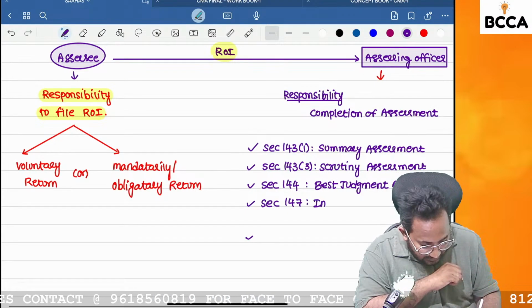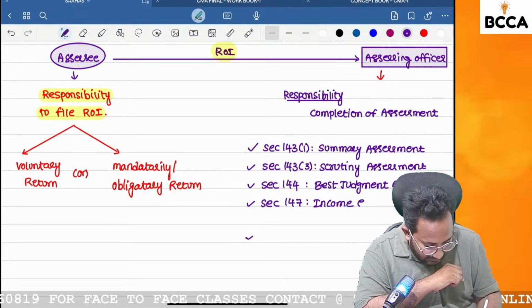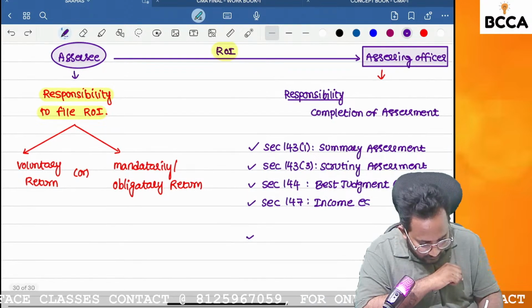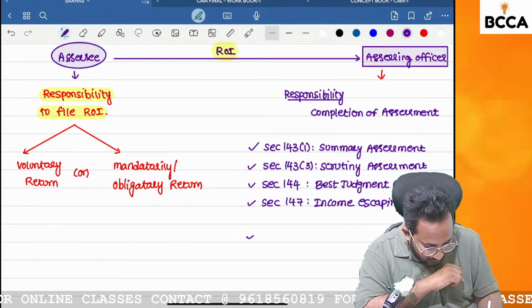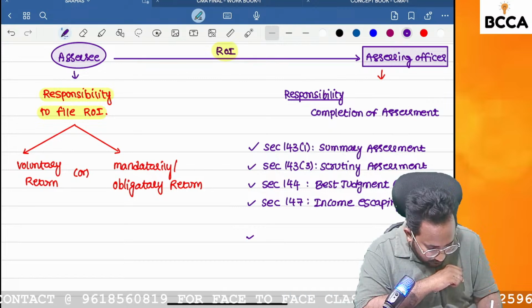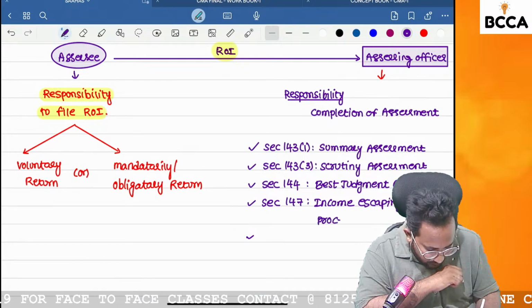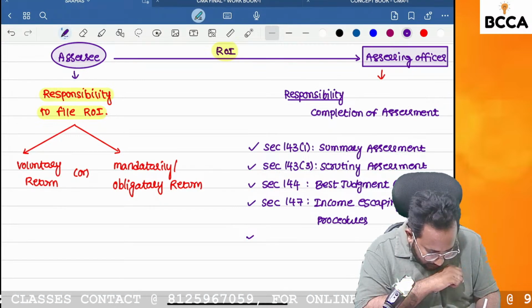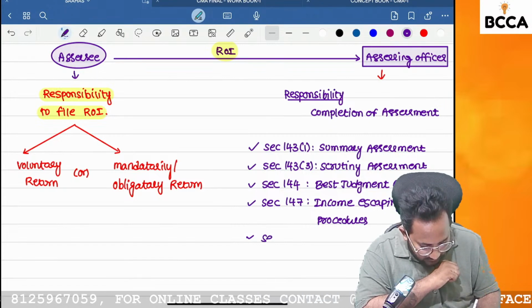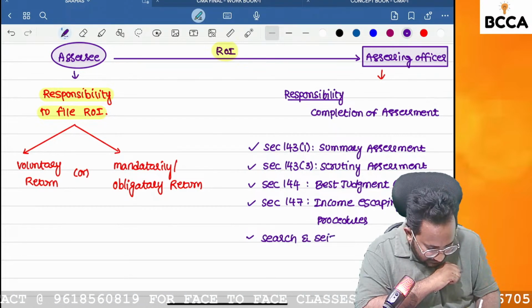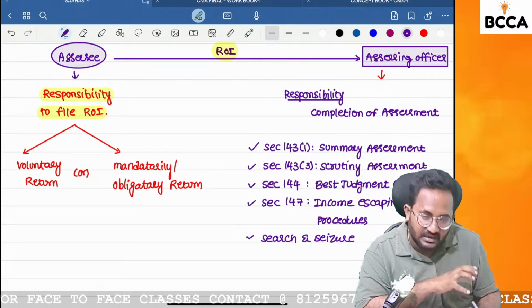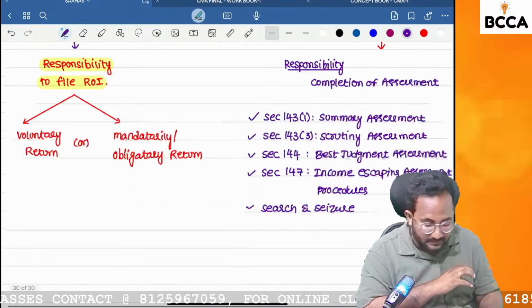Next one, income escaping assessment procedure. Next, I don't want to mention the sections, ma: search and seizure. These are the different types of assessment procedures.